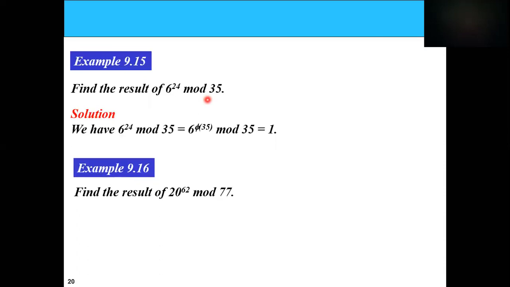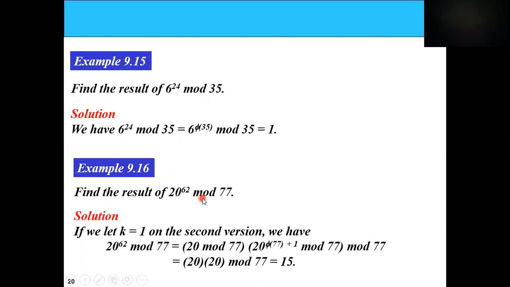Another example is to find 20 to the power 62 mod 77. In that case, dear student, take k as 1, phi of 77 plus 1, and mod 77. So this is k to the power 1, I mean to say, 20 mod 77 and phi of 77 plus 1.